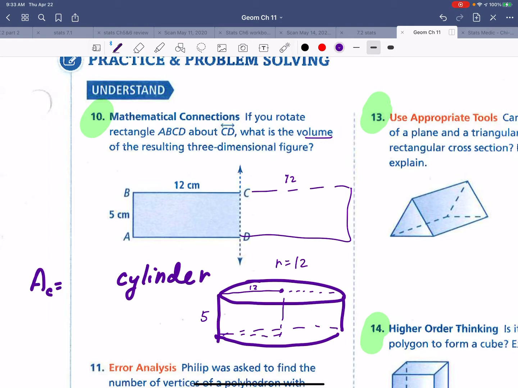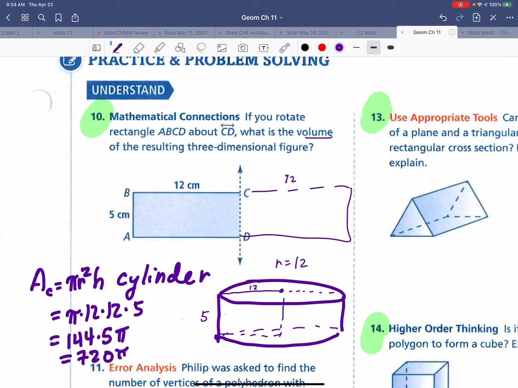The volume of a cylinder is the area of the base, which is pi r squared, times however high you stack those circles. So that's our height. So that would be pi times 12 times 12 times 5, or 144 times 5 times pi. That's what I get, and that'd be centimeters cubed.